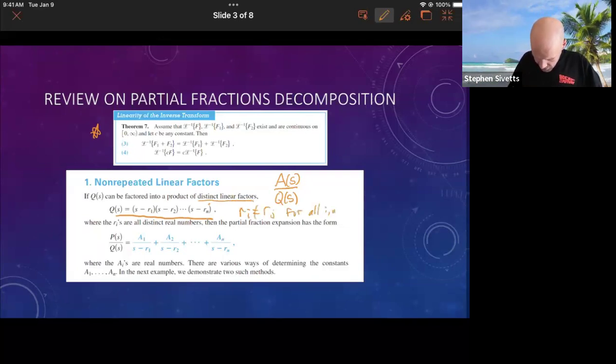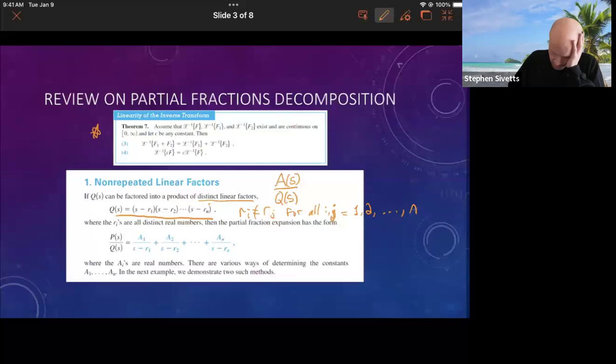For all i and j, that's equal to 1, 2, all the way up to n. Okay? So then the partial fractions decomposition will have this form, right?